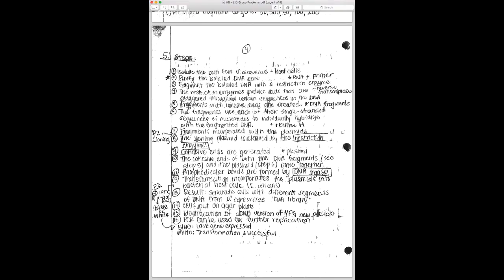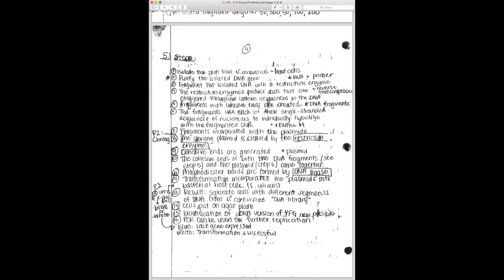Then the next thing would be to add RNase H to digest most of the mRNA. And then after that, DNA polymerase from E. coli synthesizes the second strand of the DNA, and then the restriction enzyme cuts both of them.